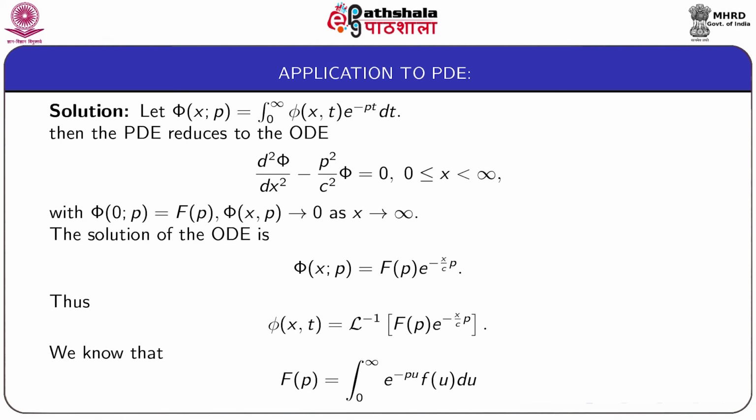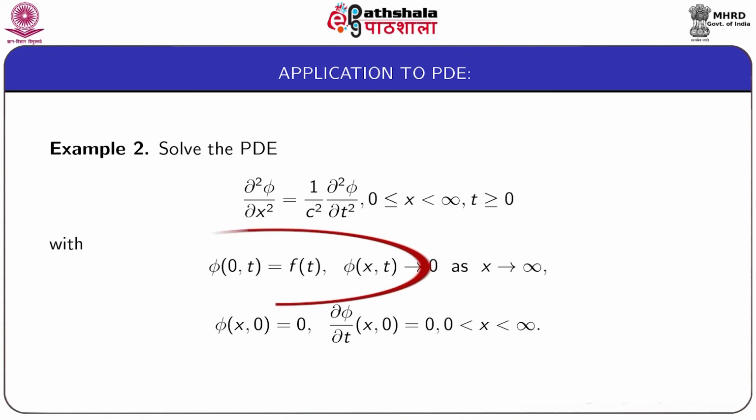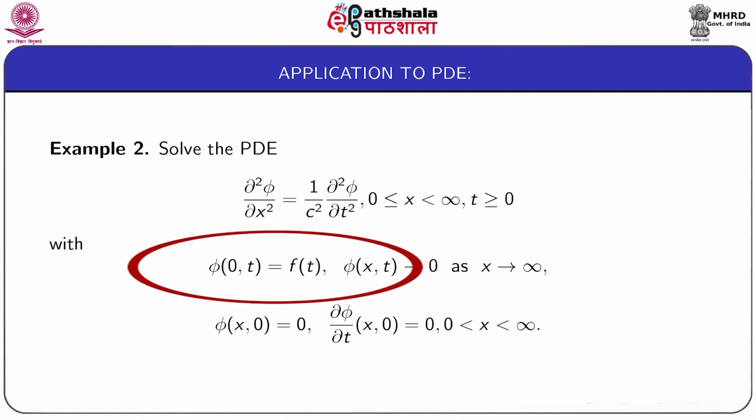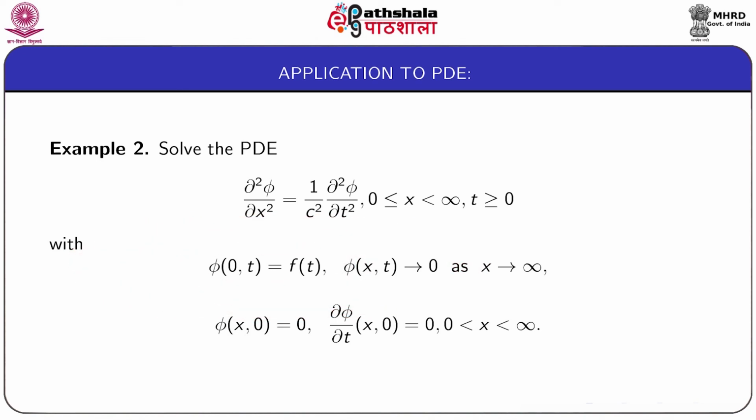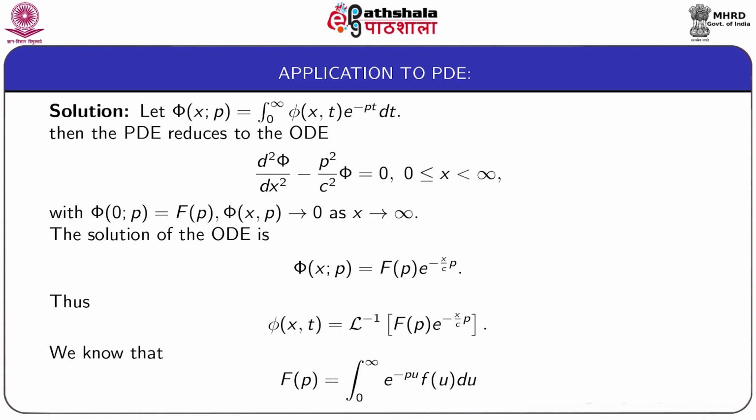Also, we multiply both sides of this boundary condition by e to the power minus pt and integrate with respect to t from 0 to infinity, which gives capital Phi at x equal to 0 is capital F(p), where capital F(p) is the Laplace transform of small f(t), and again taking the Laplace transform of the other boundary condition, we obtain capital Phi(x,p) tends to 0 as x tends to infinity.